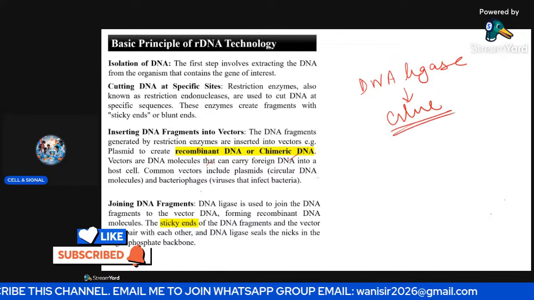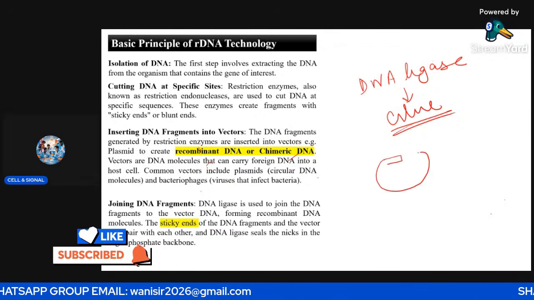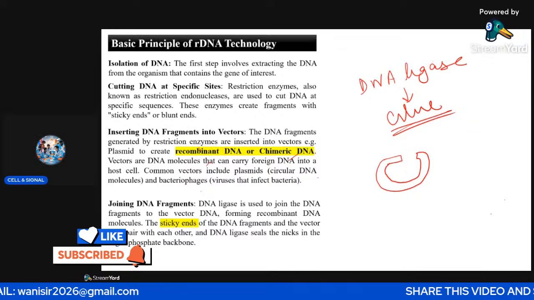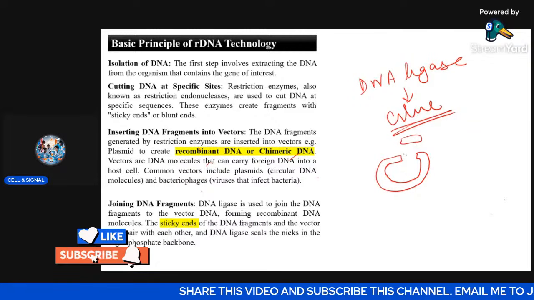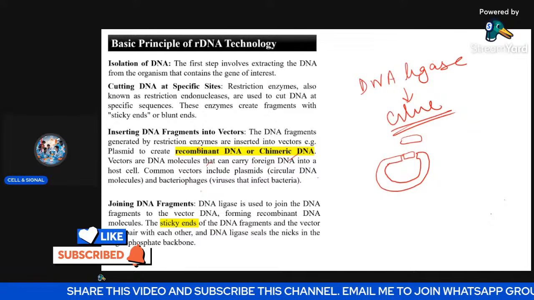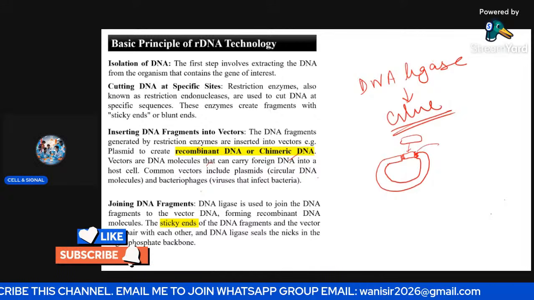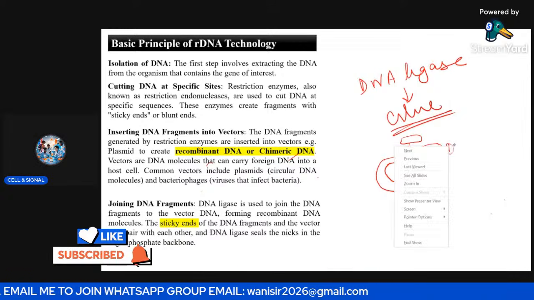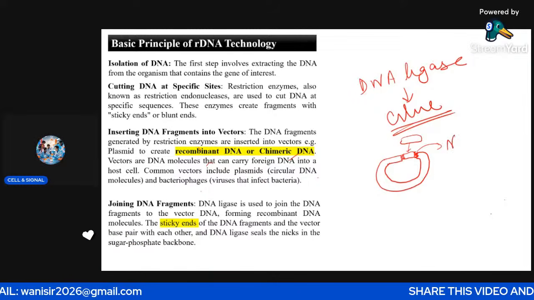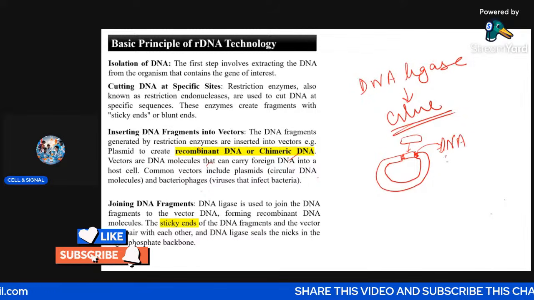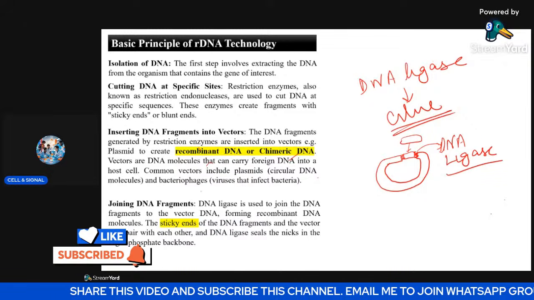That means when we have the plasmid DNA, and we want to introduce this gene of interest into it, for joining the gene of interest with the plasmid DNA, we need the enzyme DNA ligase.